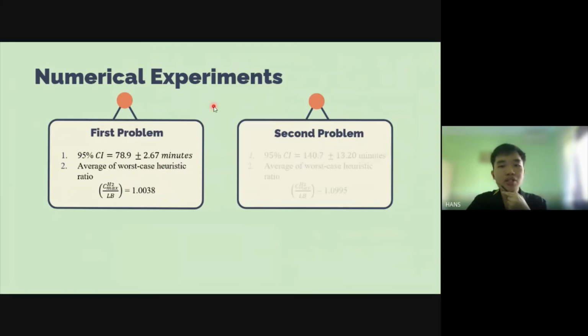However, if we compare to our heuristic algorithm performance in the more complex problem, it has the worse deviation, which is very high compared to this one, and the average worst case heuristic ratio increases as well.